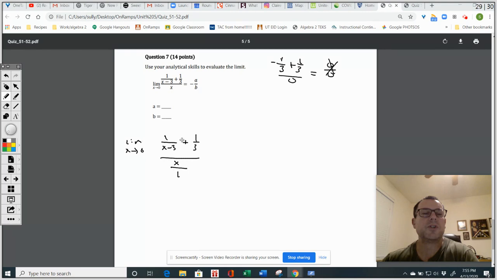Looking at our fractions up here, this fraction is missing in the denominator an x minus 3, so that's what we're multiplying this one by. On the other side, we are missing a 3.